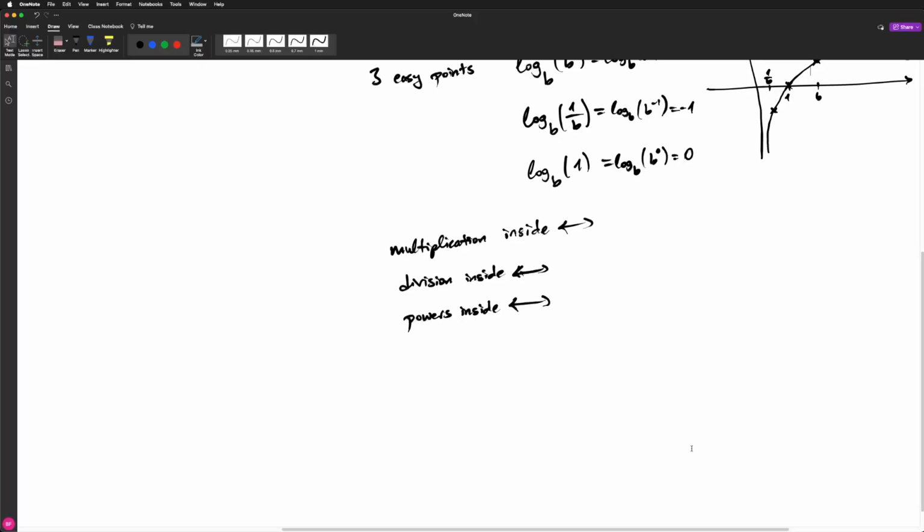And we have some rules of exponentiation. And when you take the inverse rules, you get rules for logarithms. They come for free. So for logarithms, multiplication inside is addition outside. Division inside is subtraction outside. And a power inside is a coefficient outside. I can use symbols, I guess.